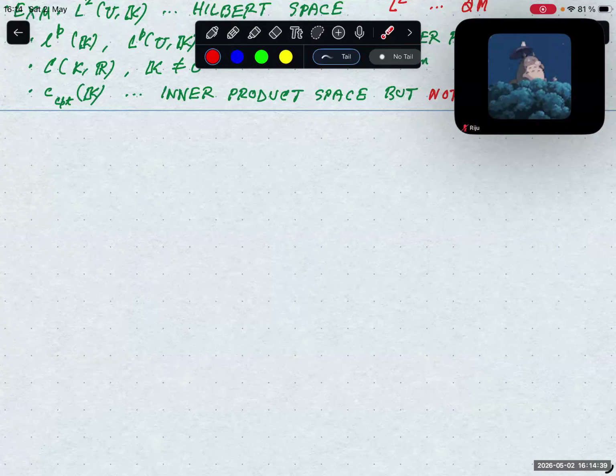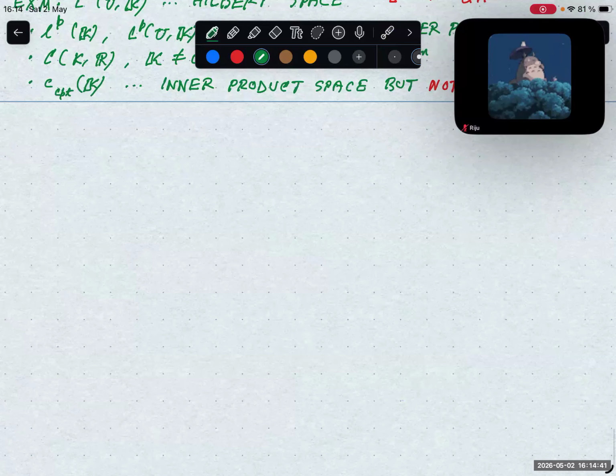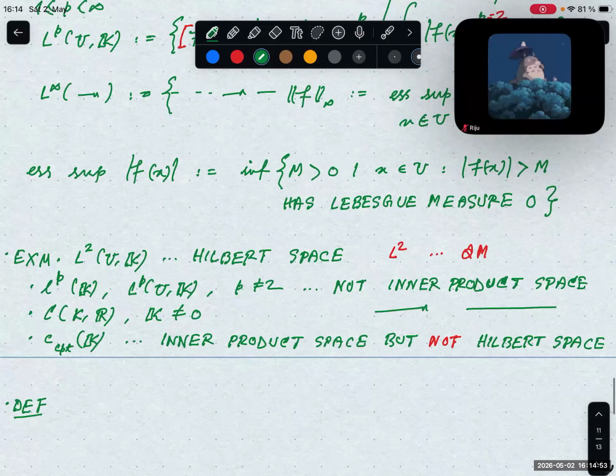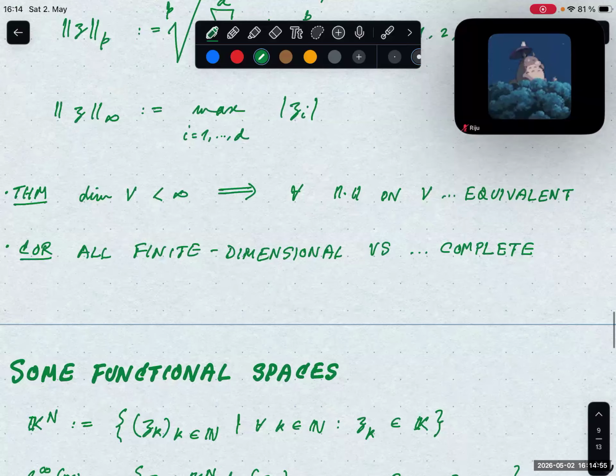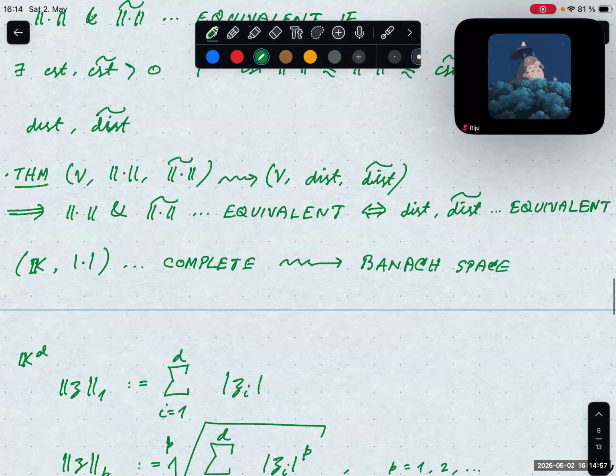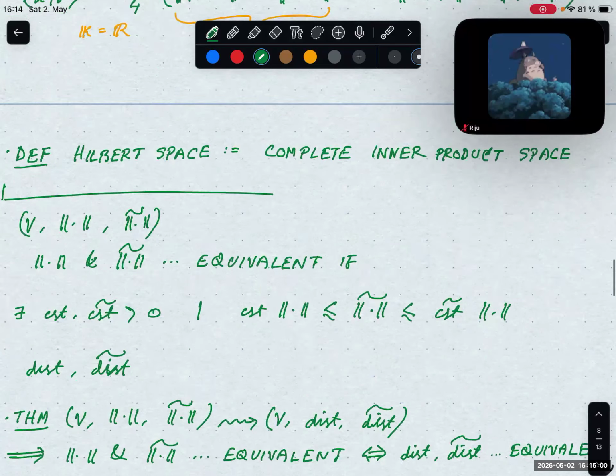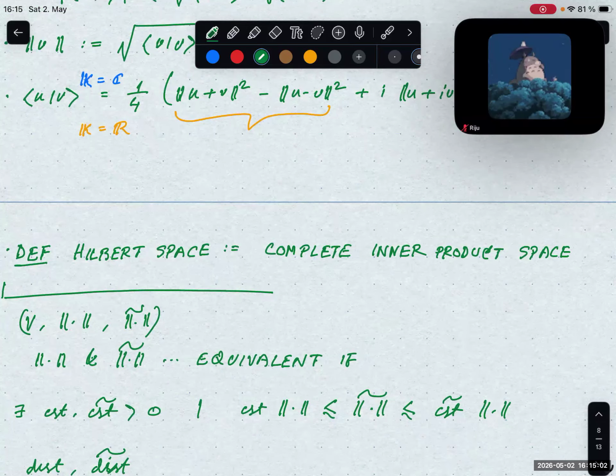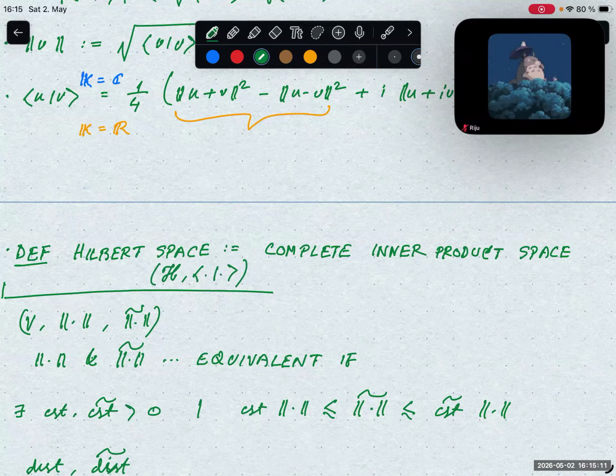So the notion I'm now going to discuss is orthogonality. Definition. Maybe we put a notation for Hilbert space. By Hilbert space, we will use this curly H and this inner product.